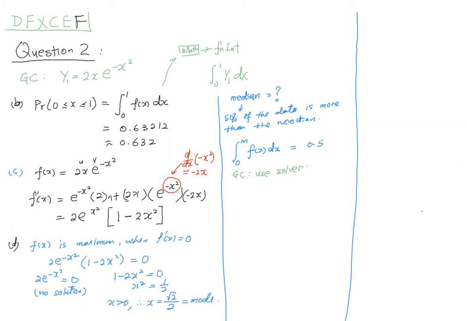Yeah. So you use solver, you get the median equal to 0.83255. Okay, so this is how you get the median.